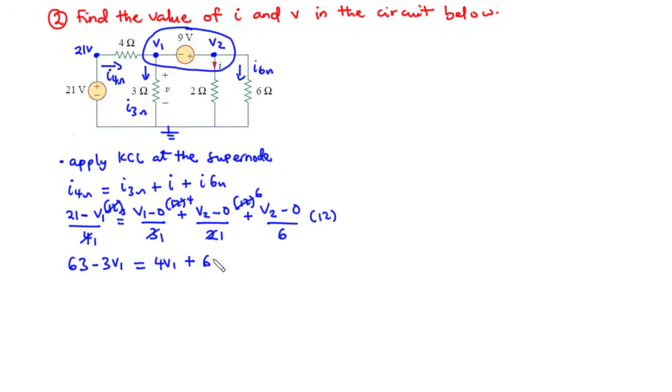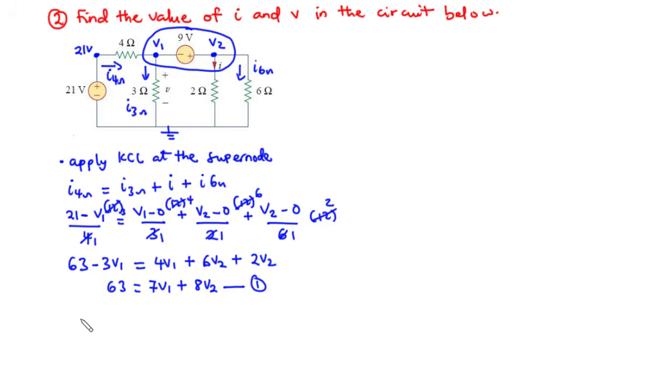We have 6 times V2, and then plus 6 goes here once, and then here 2 times, so plus 2V2. Now let's simplify this equation. So we have 63 on the left hand side equals, we transpose negative 3V1 to the right hand side. So 3 plus 4 becomes 7, 7V1 plus 6V2 plus 2V2, we have 8V2. Let's call this equation 1.